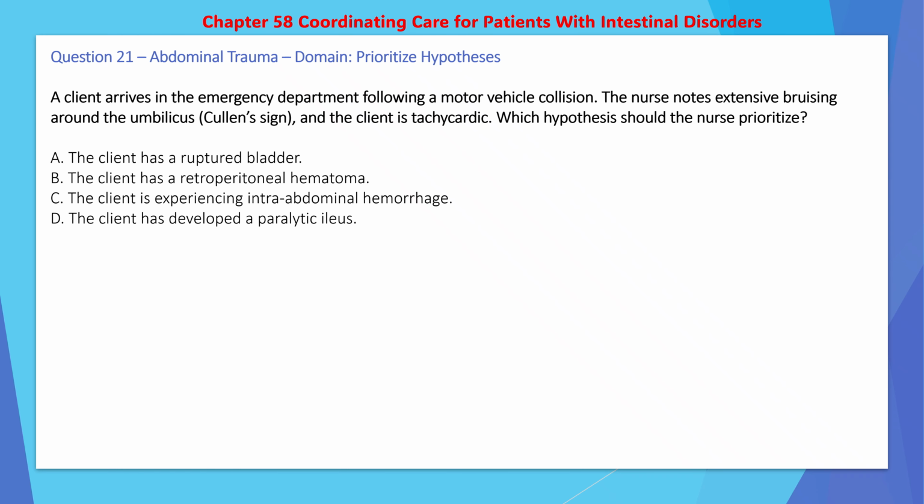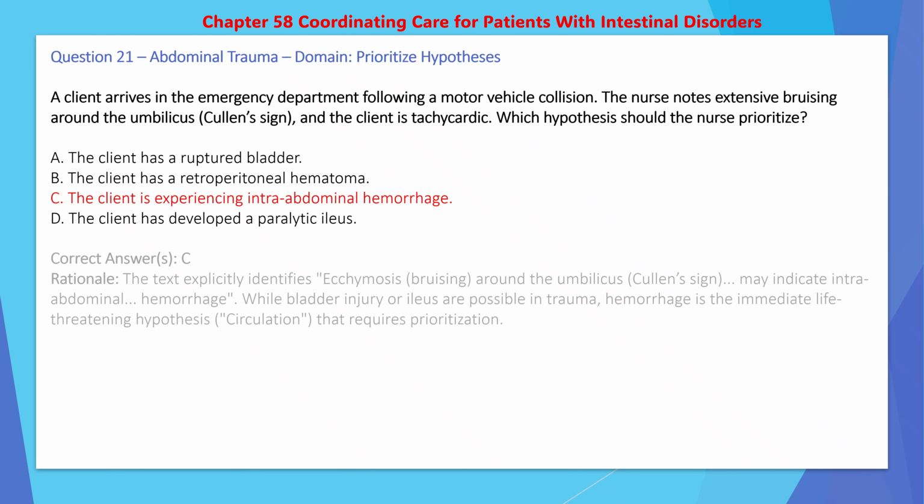The client has a ruptured bladder. The client has a retroperitoneal hematoma. The client is experiencing intra-abdominal hemorrhage. The client has developed a paralytic ileus. So think about the sign, umbilicus. So the client is experiencing intra-abdominal hemorrhage.